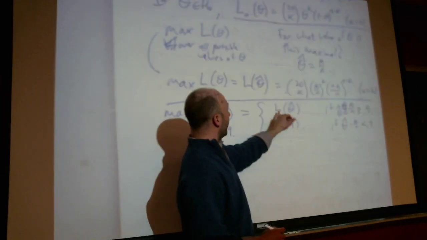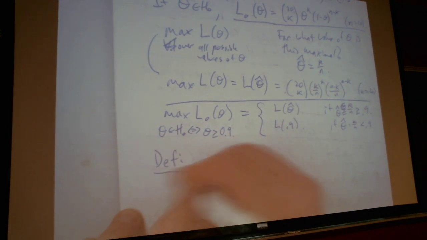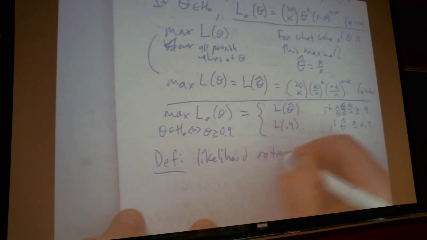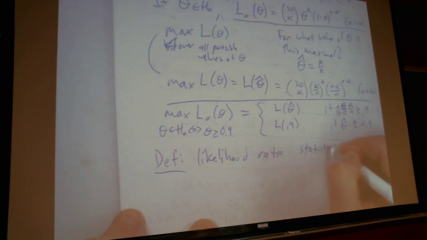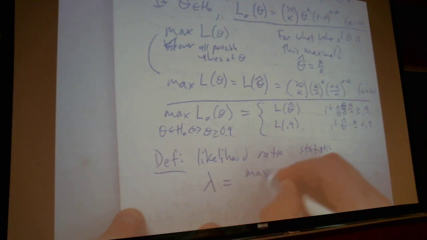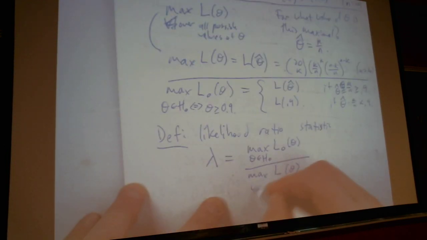So now I can define the likelihood ratio statistic. Definition. The likelihood ratio statistic, often written lambda, is the maximal value of the likelihood of theta over the values in H0 divided by the maximum value over all possible likelihoods, over all values of theta.